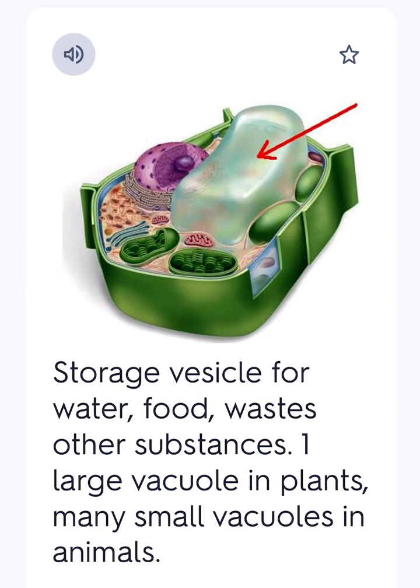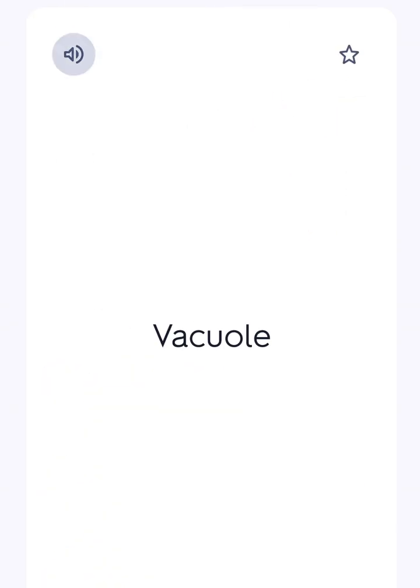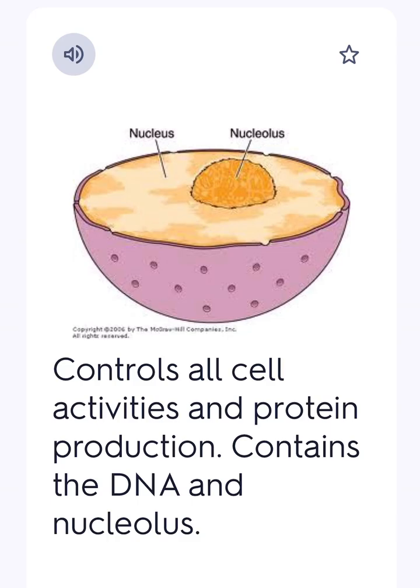Storage vesicle for water, food, wastes, other substances. One large vacuole in plants, many small vacuoles in animals. Vacuole. Controls all cell activities and protein production. Contains the DNA and nucleolus.